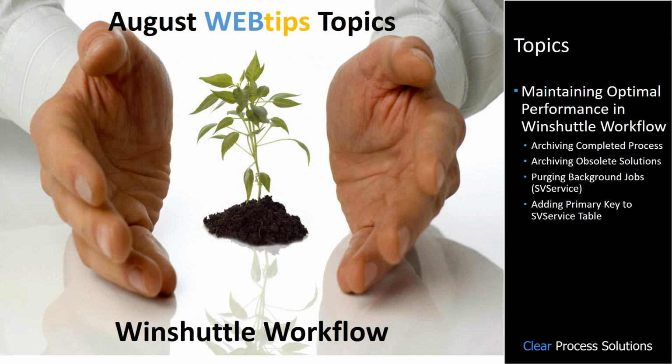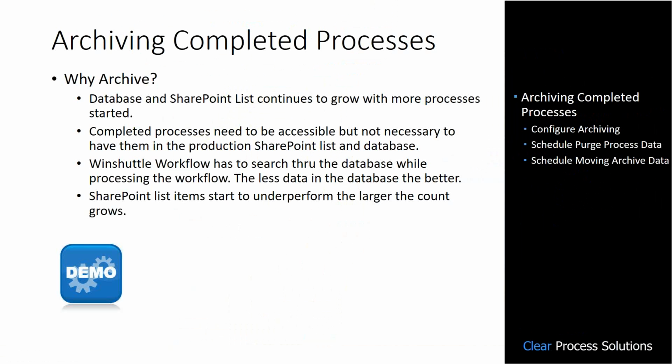Then we have an added bonus, a fourth entry for the SQL table SVService that we can improve performance on too, which we've learned about and done at some clients. That's an added bonus at no additional cost. So let's go to archiving completed processes.